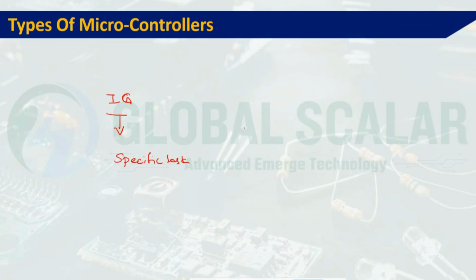The microcontroller typically consists of the CPU, that is the central processing unit, and the memories, like RAM and ROM and some flash memories, and input and output ports, and the peripheral devices, which are integrated on a single chip to work on the specific task.